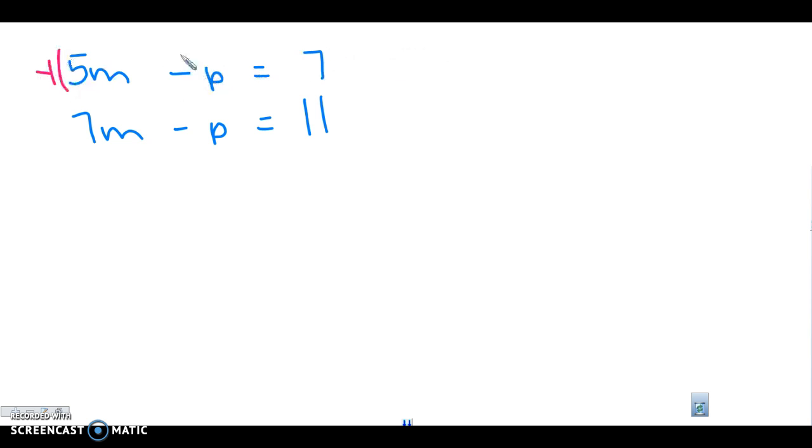So if I had a negative 1 on the outside, I'm going to multiply by negative 1. And I distribute that negative 1 to everything in this equation, so it's negative 5m plus p equals negative 7. If you remember when we did adding and subtracting polynomials, it's a lot like that, where when we subtracted the polynomial, we distributed the minus sign through and then added.